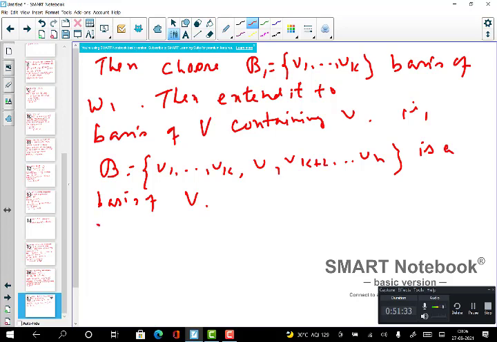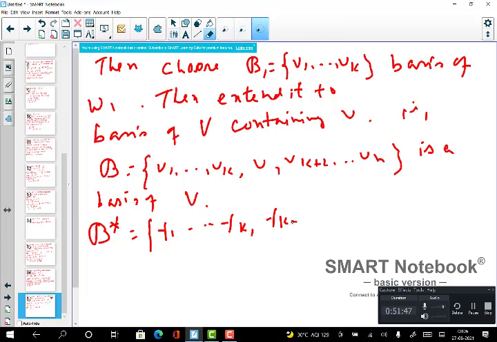And then what will the dual basis look like? It will look like f1, f2, ..., fk, then fk+1, which I am writing as f only, and then the rest up to fn, right?